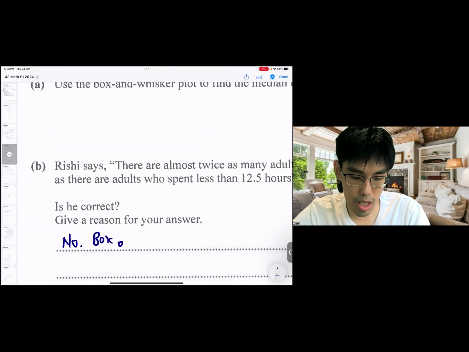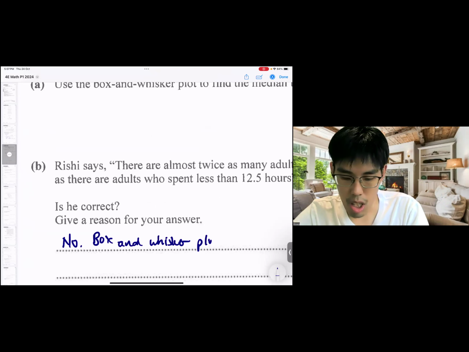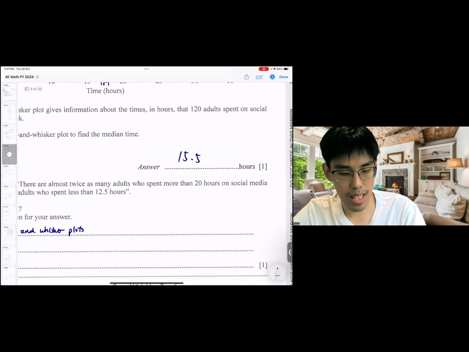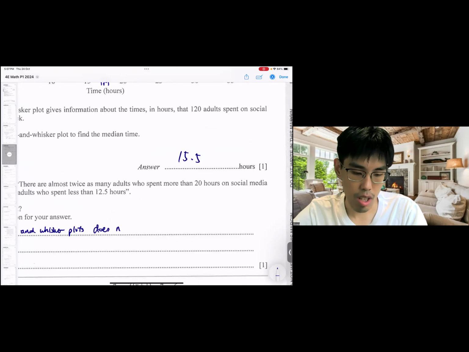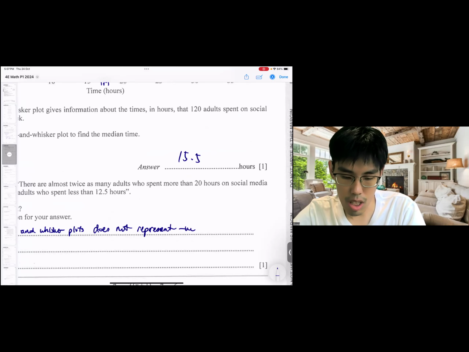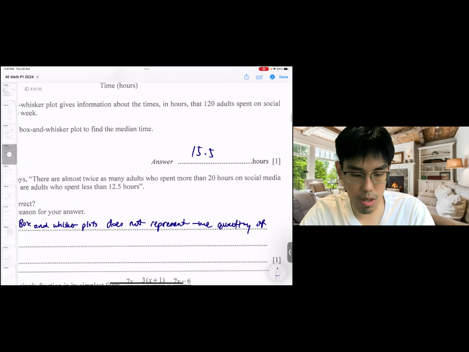So box and whisker plots do not represent the quantity of the adults.